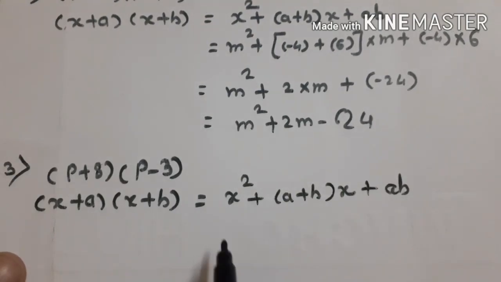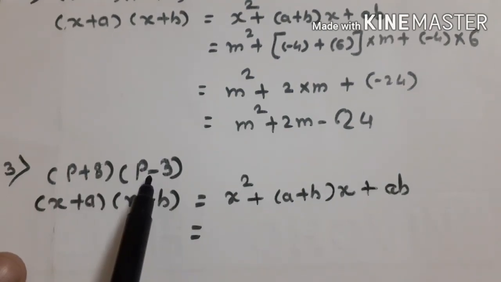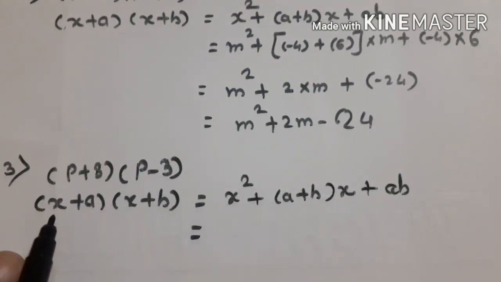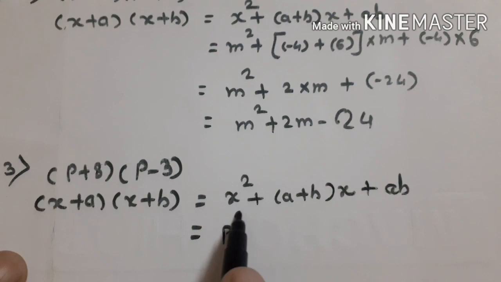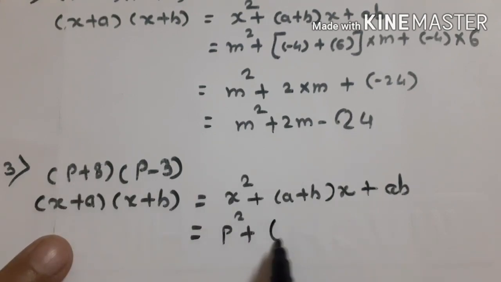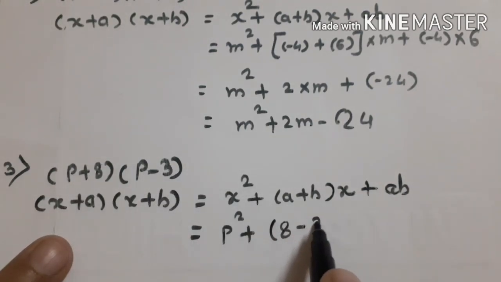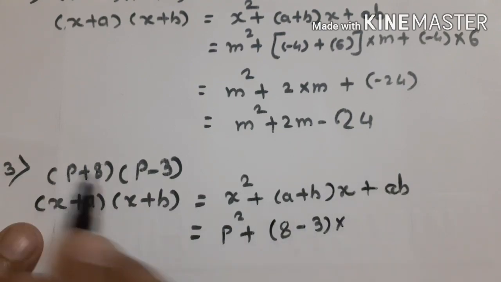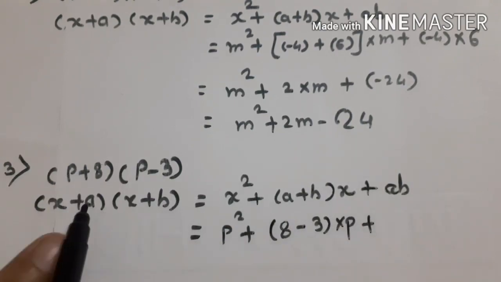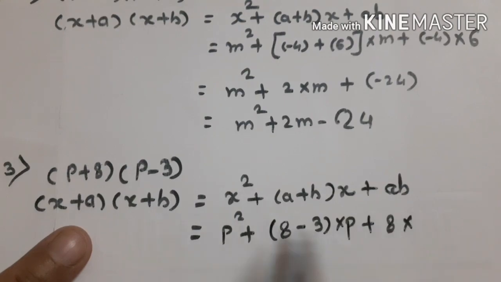This is our expansion. Now in this expansion we convert the letters. x means the first term, p square, plus a means 8 and b means minus 3, into p. Very easy.